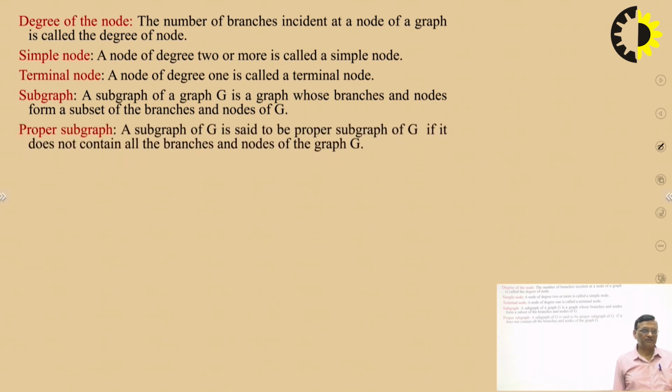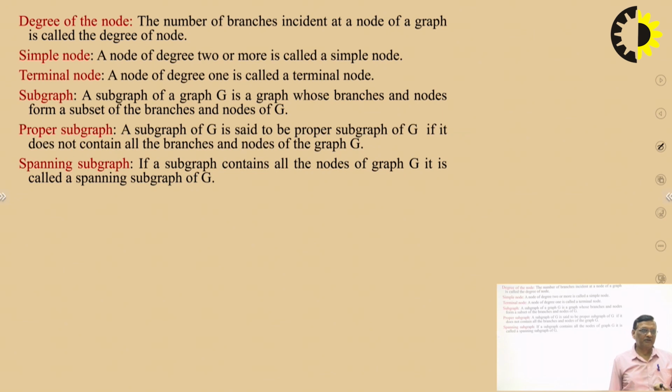A subgraph of G is said to be a proper subgraph of G if it does not contain all the branches and nodes of the original graph. So the original graph has branches and nodes, and we take some nodes and branches and draw a graph. That graph is called a subgraph.